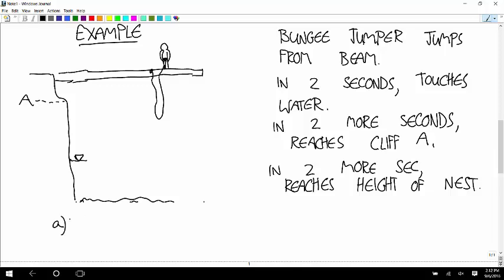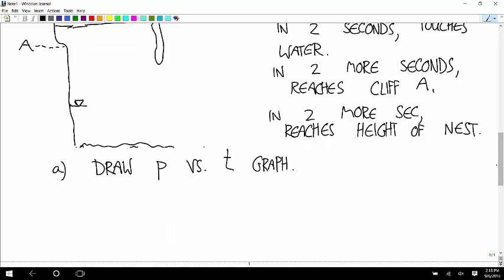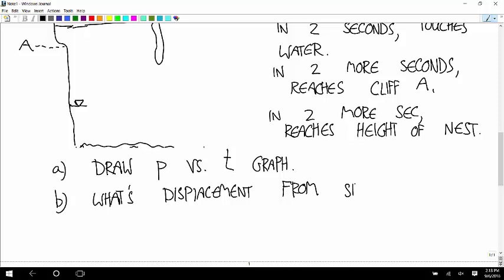So first, let's do what we did before, draw a position versus time graph of the motion. And then second, what's the displacement from the start of this motion to the end?